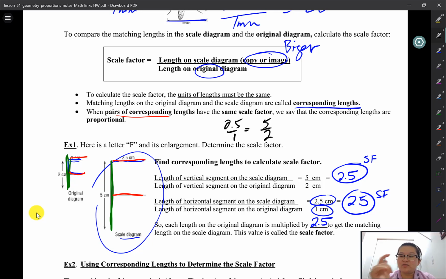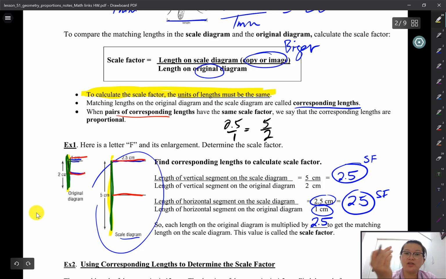The one thing that is very important that you have to be careful of is that when you scale up and scale down, the units of the lengths must all be the same. Okay? What that means is, if I'm comparing corresponding lengths, for example the 2 centimeters to the 5 centimeters, I have to make sure that these two both use centimeters.